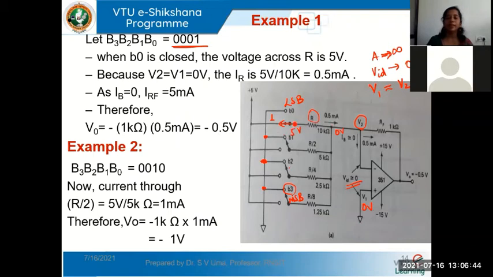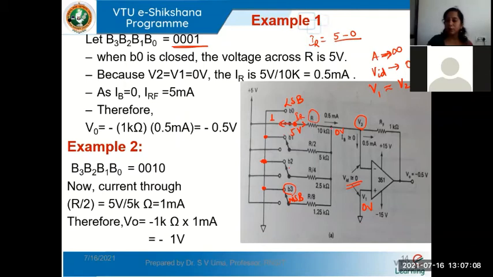So what is the effective current flowing through R? If I consider the value of current flowing through R as IR, how do I compute that IR? The value of current through R will be the voltage drop across R, which is 5 minus 0. This end is at the higher potential, 5 volts.